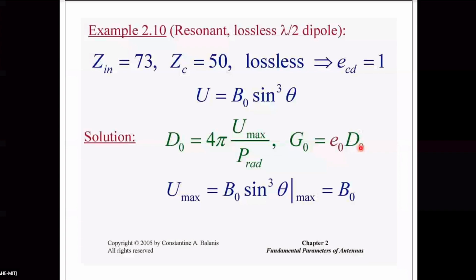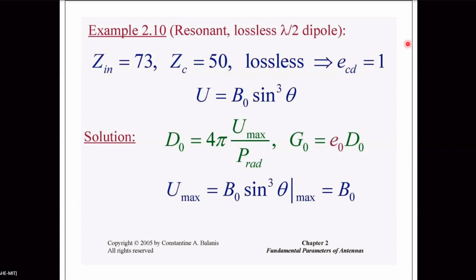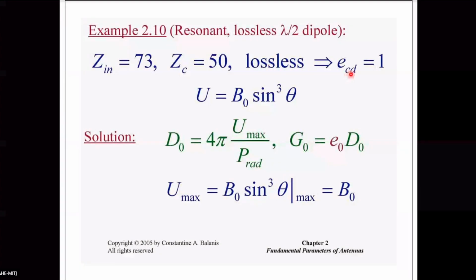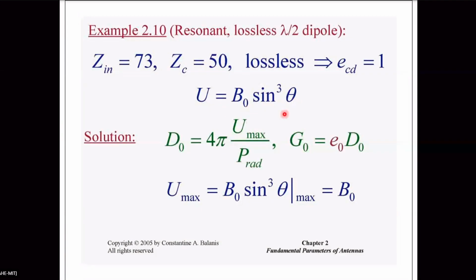Find D naught and G naught. The problem statement is not mentioned in this slide, but Zin is the input impedance of the antenna, 73 ohms. ZC is 50 ohms. It is a lossless antenna, so ECD is equal to 1.